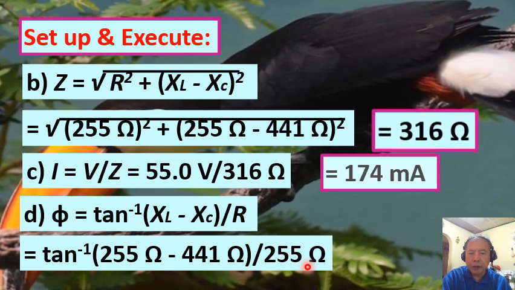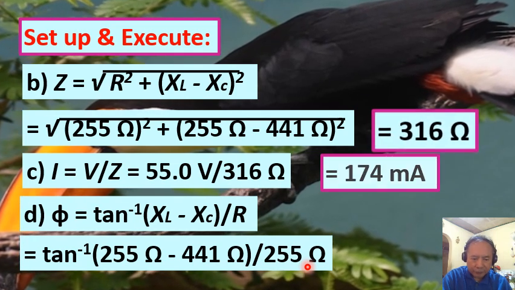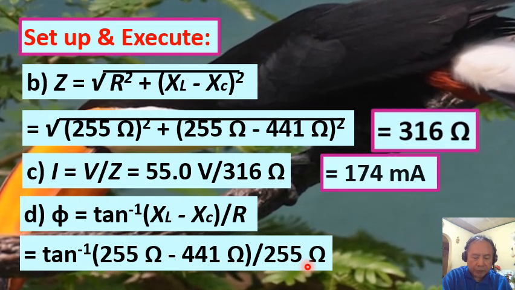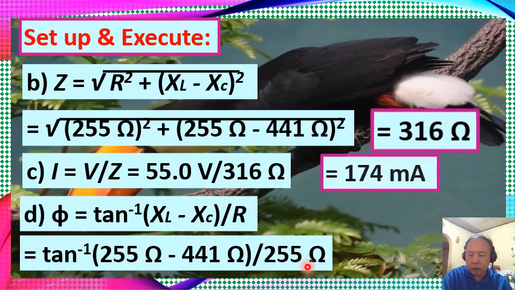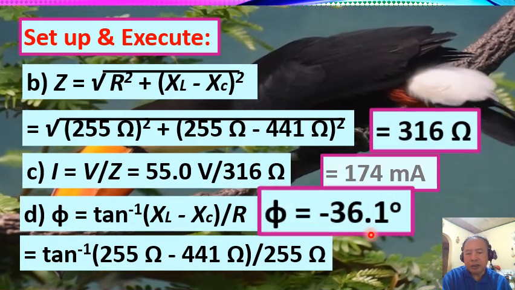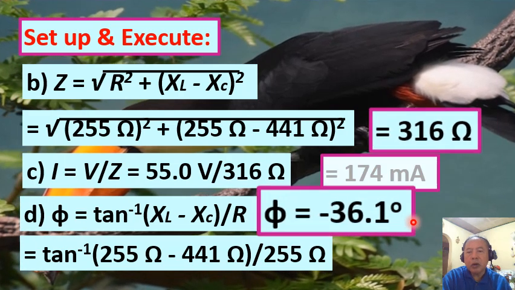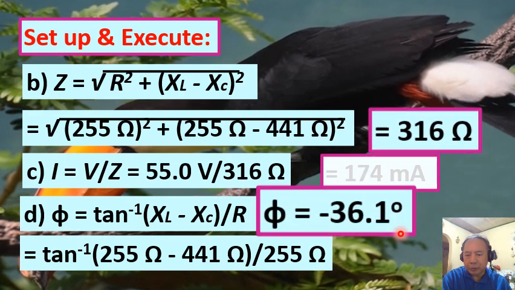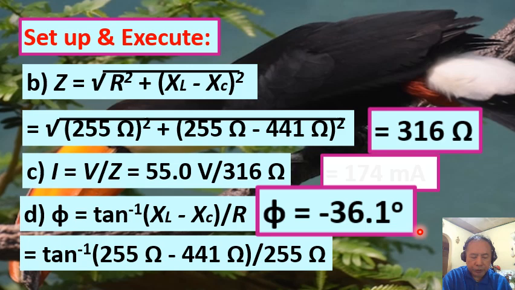So with the help of your calculator, we get the value of the phase angle phi equal to negative 36.1 degrees, also rounded to 3 significant figures.